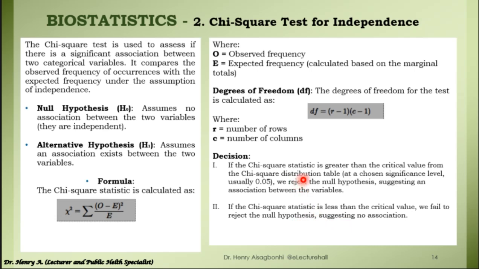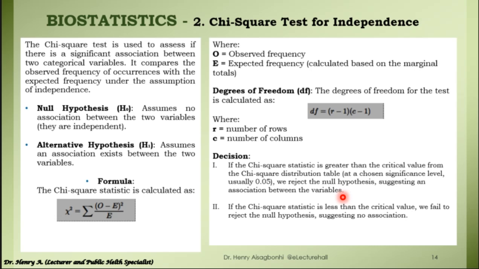When the value obtained from checking the chi-square distribution table is greater than or equal to the significance level of 0.05, we reject the null hypothesis, which suggests an association between the variables. When we reject the null hypothesis, we then accept the alternative, which says there is an association.